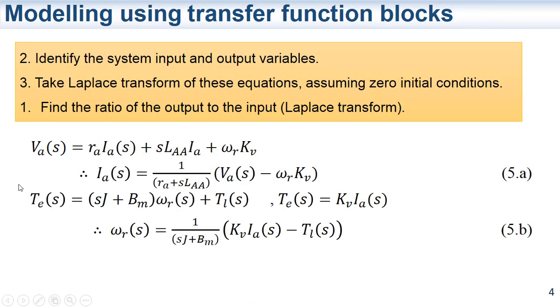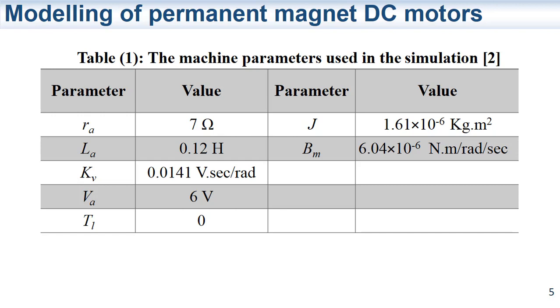So we took the Laplace transform of the earlier presented equations, and we rearranged those equations in order to find the output of the machine, which is the rotating speed, in terms of the armature current and load torque. The machine parameters used in this simulation are taken from reference number 2, and are presented here in table 1.